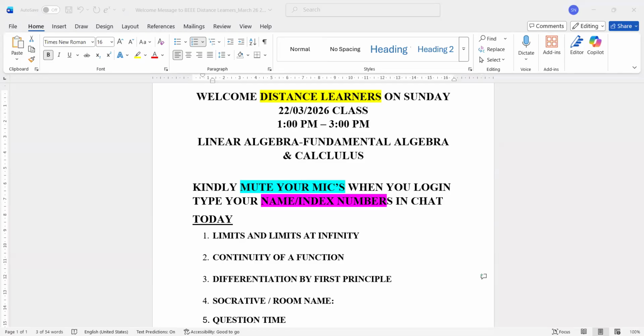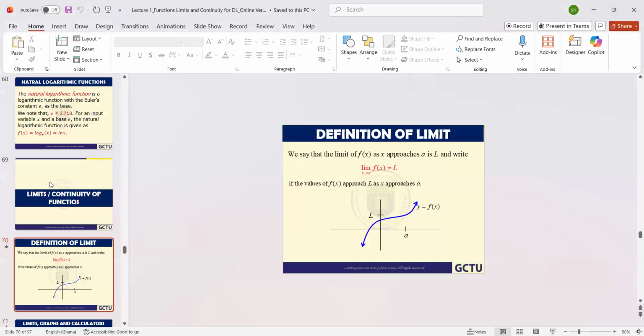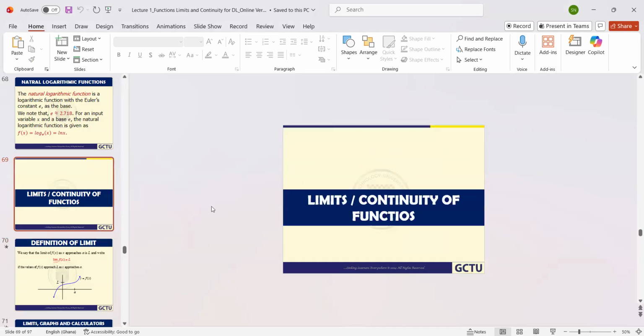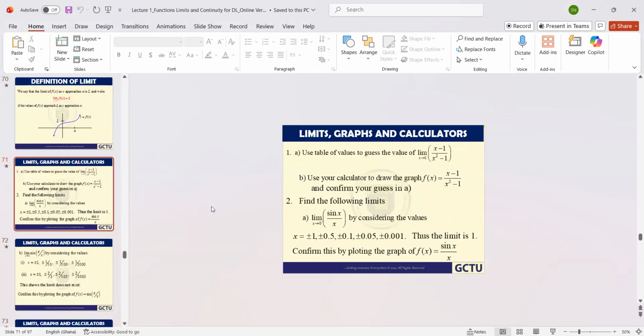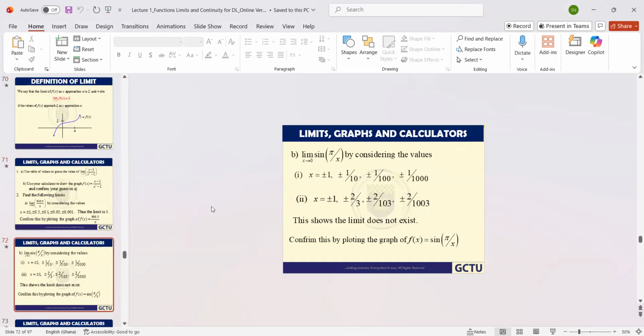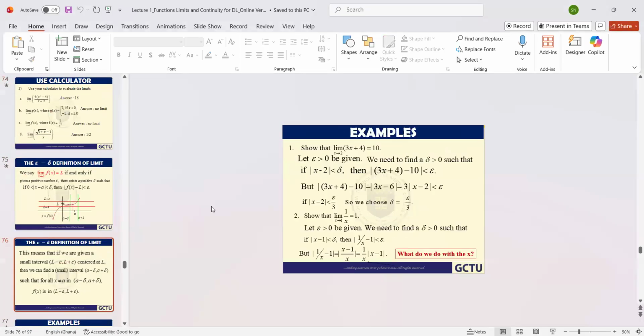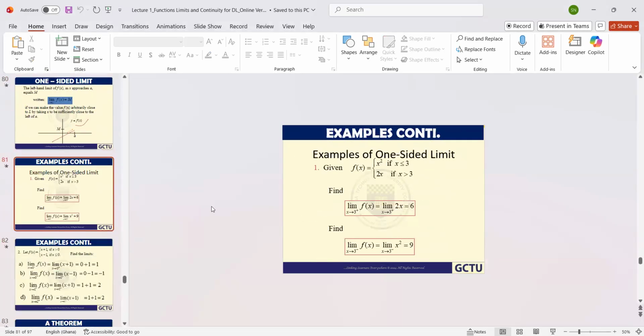So the first PowerPoint is almost about 90 pages, so it's made up of all the topics in unit 1. So from here going, we look at limits and the limits of a function, how to use a calculator to do it, and then it ends on the continuity as well.